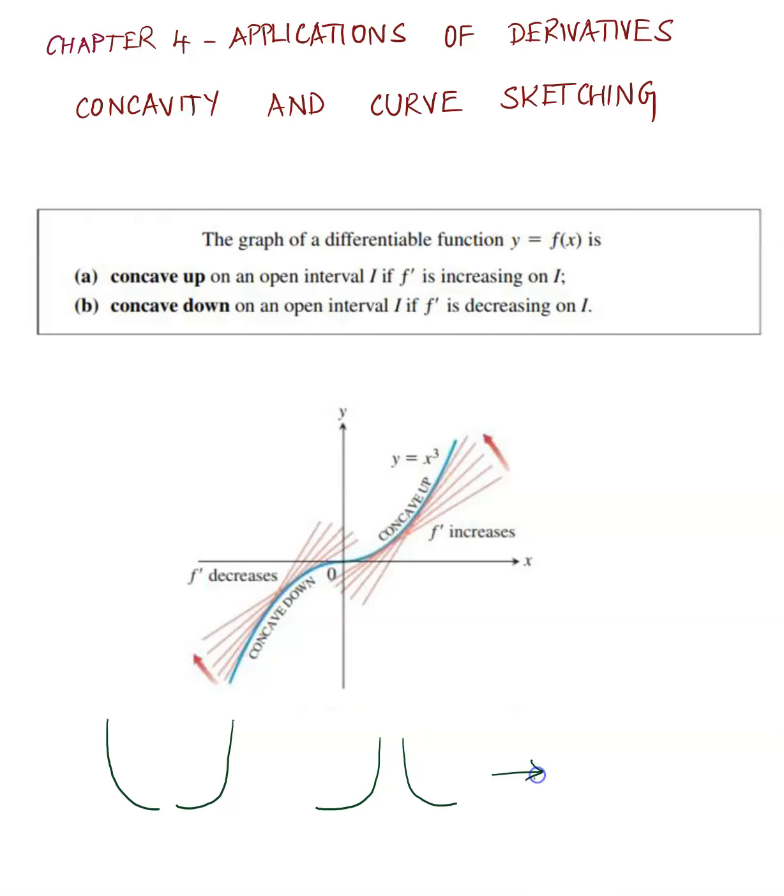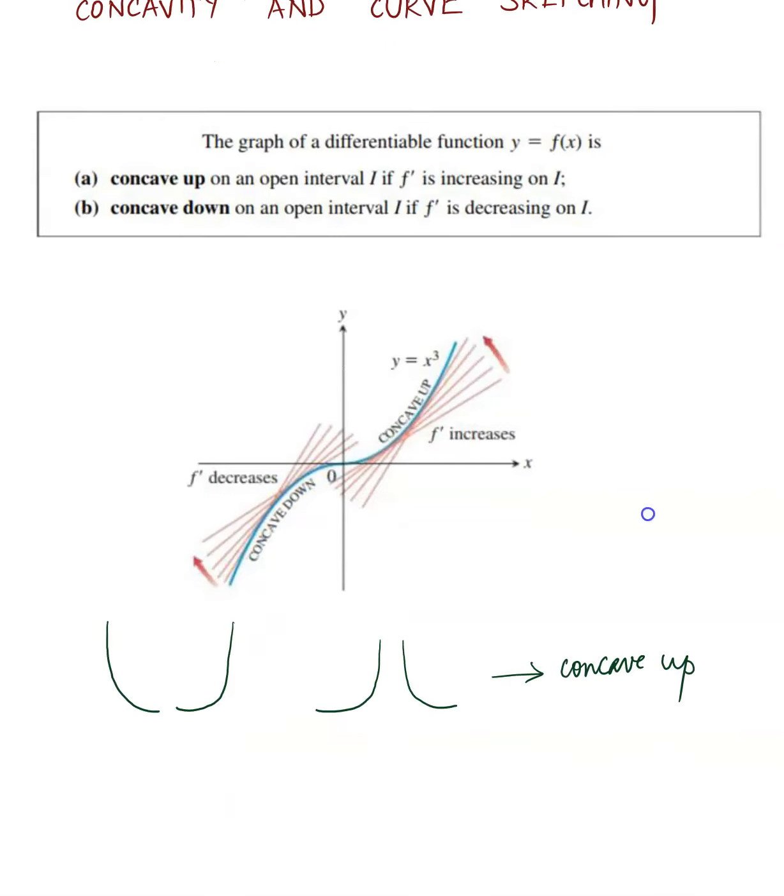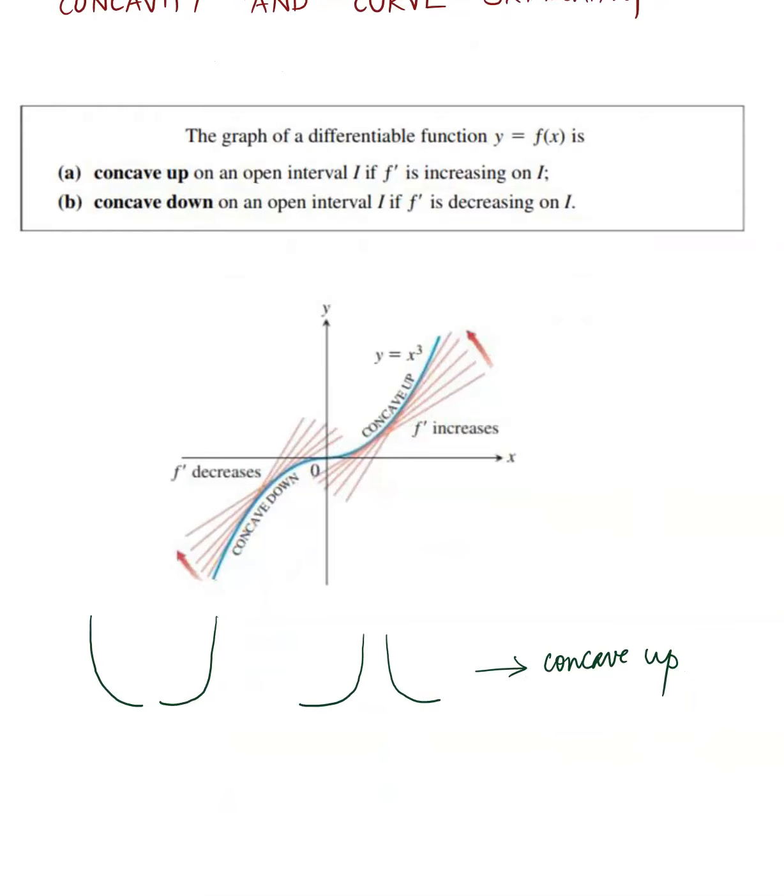So if you can form these kind of shapes, then you know it is concave up. It's like a smiley face, right? You see the U shape formed in the up. So that's kind of easy there.